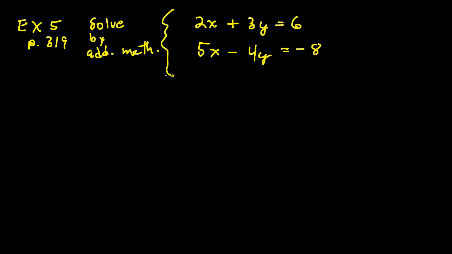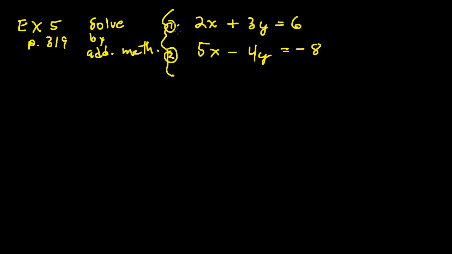All right, well, which variable are you going to try to eliminate? Here, we're going to have to do some double surgery because 5 is not a multiple of 2, and certainly 4 is not a multiple of 3. So to eliminate either of the variables, we're going to have to do some mild surgery to both equations here.